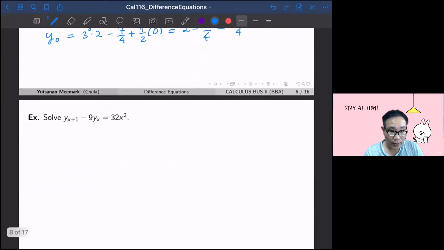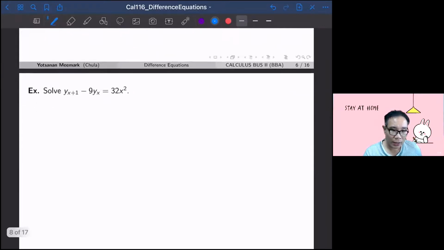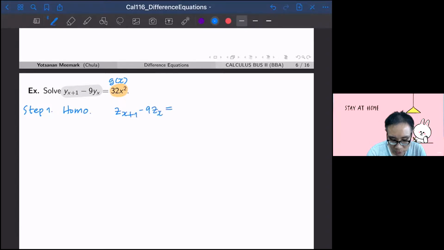Okay, the next one, you see that everything turned out to be repeated again. So for this one, you have the homogeneous part here, and you have the particular part, so g(x). So you have g(x) equal to 32x squared. In step 1, you have the homogeneous: y(x+1), or should I write z? z(x+1) minus 9z(x) equal to 0.